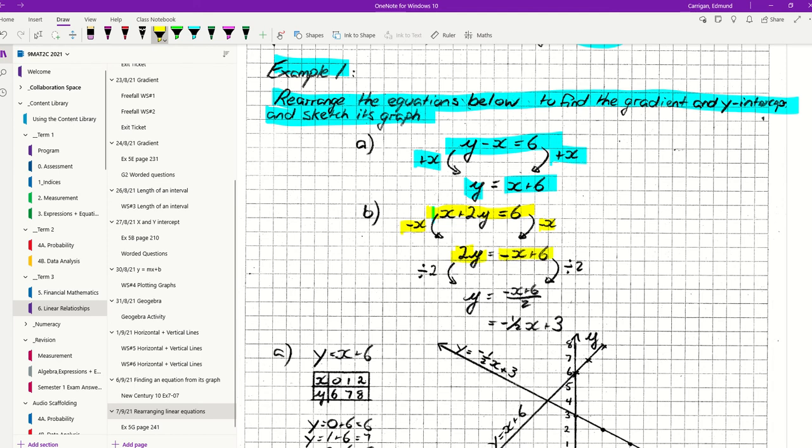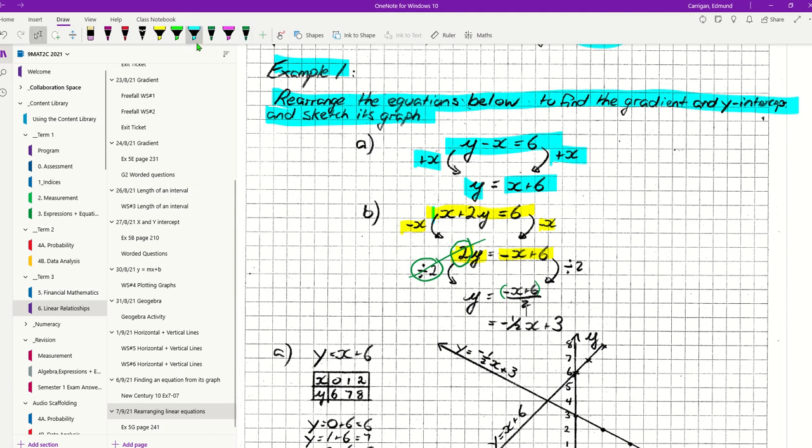Now we need to get rid of the coefficient in front of the y. We want just y. To do that we need to divide by 2. So we divide that one by 2, that y will disappear, and on the other side we've got the whole thing over 2 in the first place.